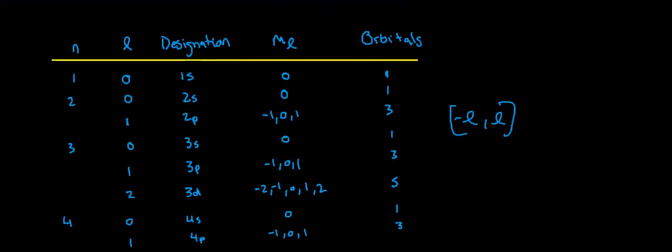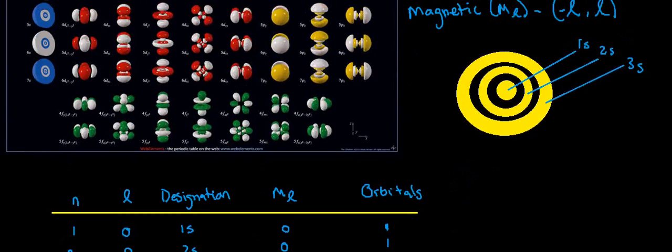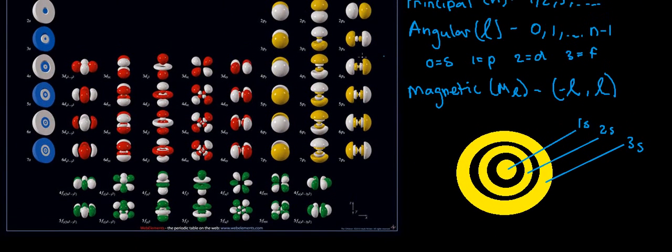Now that I've run out of 2's, I move on to 3. Then I get a 3s orbital: I start with 0, 3s, magnetic 0, 1 orbital. Then I have 1, it's going to be 3p, with minus 1, 0, 1, 3 orbitals, same thing, just a higher energy level. So these would be this here. The different colors mean the different phases.